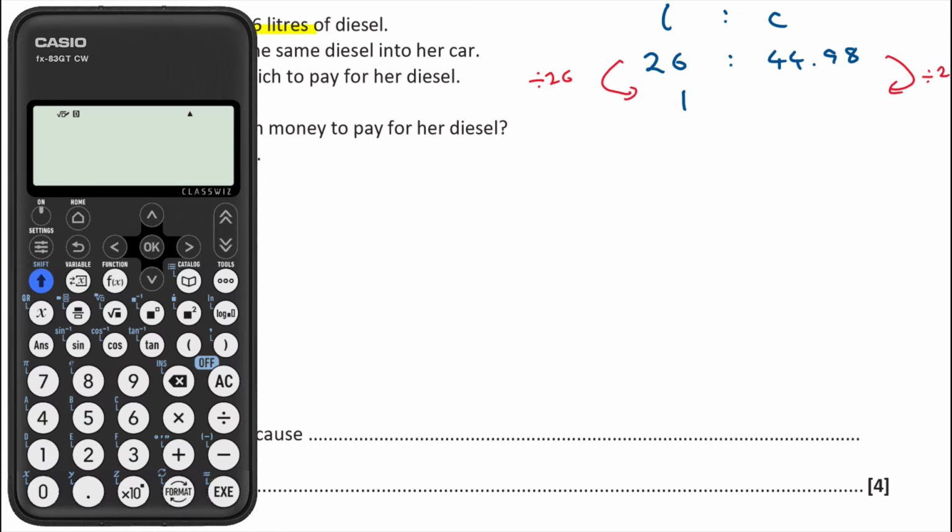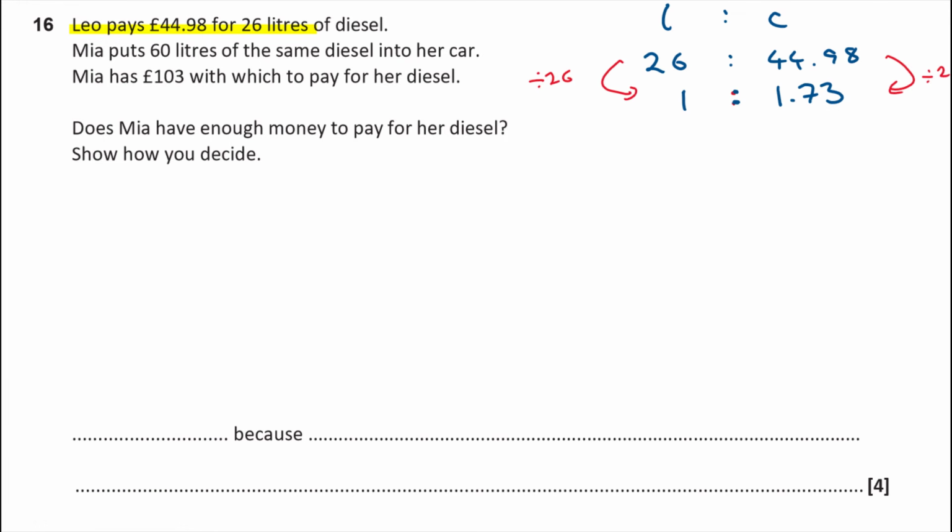So 44.98 divided by 26, that gives me £1.73. So that means 1 litre of diesel costs £1.73 then.